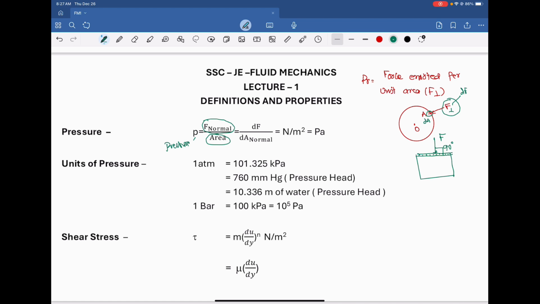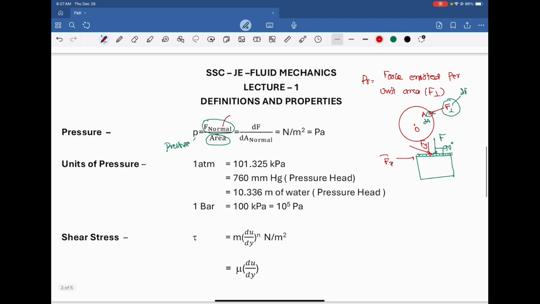For example, if the force is at an angle like this, then the area of cross section we cannot take as in the previous example, where the force is normal. We should convert the force into x and y components. There will be some Fx and some Fy. For finding the normal pressure, we take normal force by area of cross section.